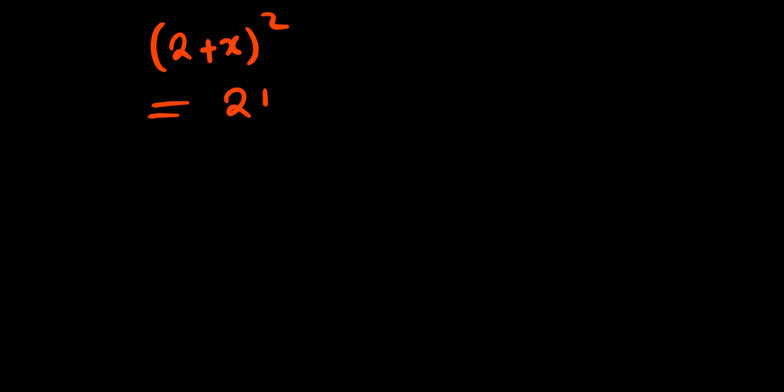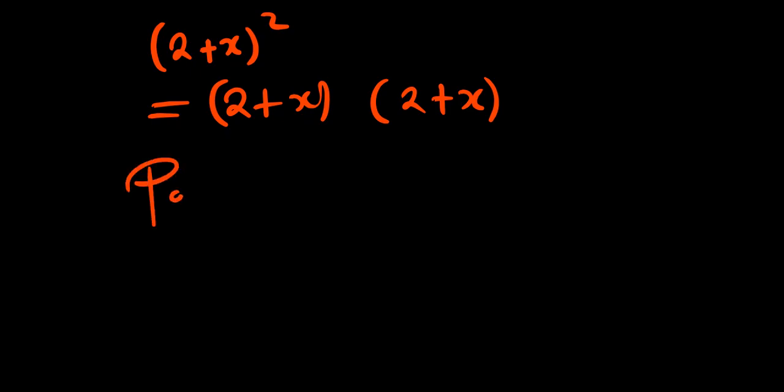You're just going to get 2 plus x, multiply it by itself, 2 plus x, then you solve. Okay, like that. So this won't be that much. Okay, so for small powers, we are going to use the Pascal's triangle. Okay, for small powers.